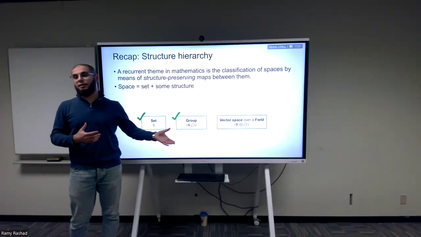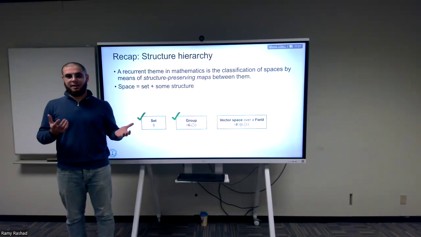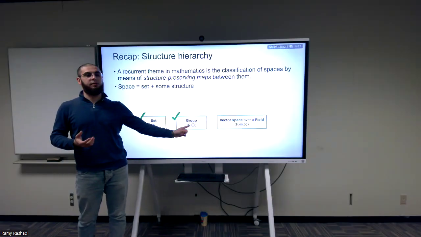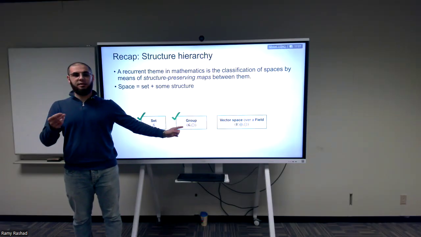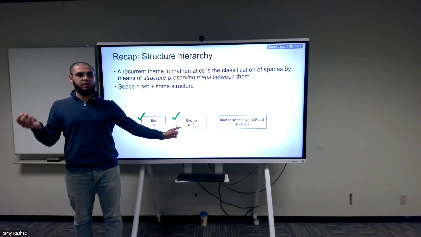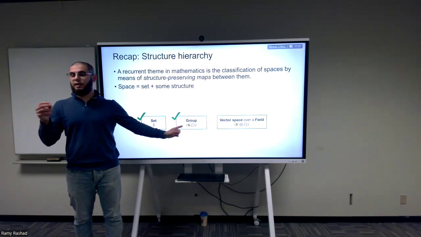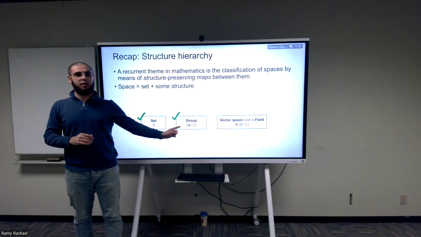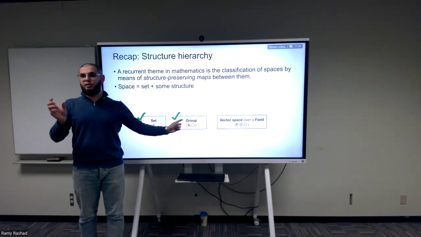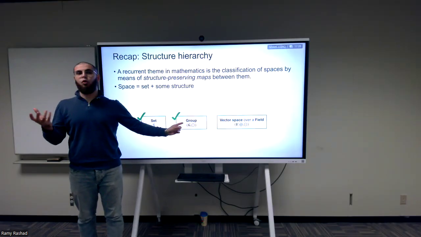And last time we looked at extra structure that we gave to a set, in terms of this group operation, this binary operation that takes two elements of the set G and gives you a third one, and respects certain properties that we discussed last time. It makes the pair of G and the operation what we call a group.